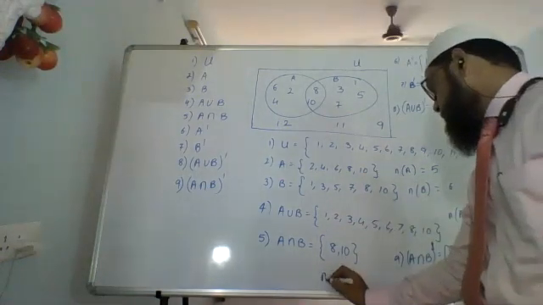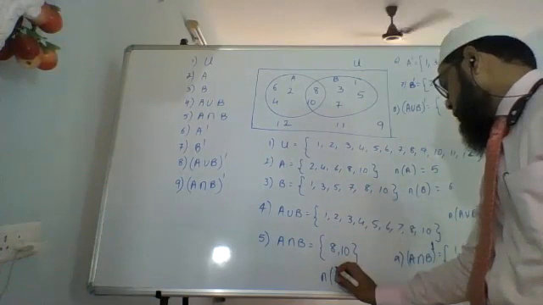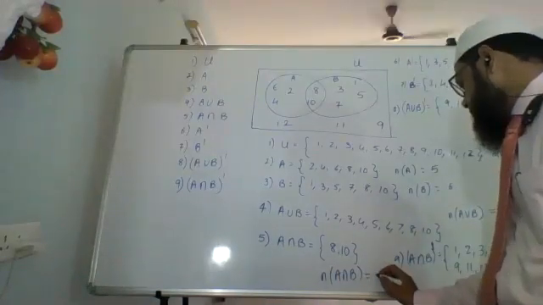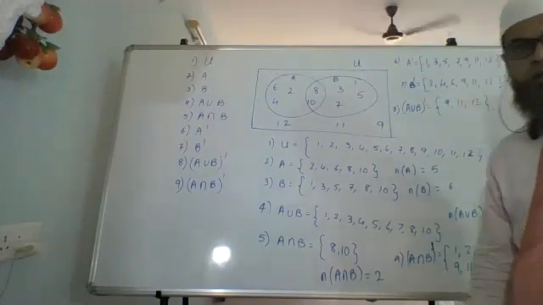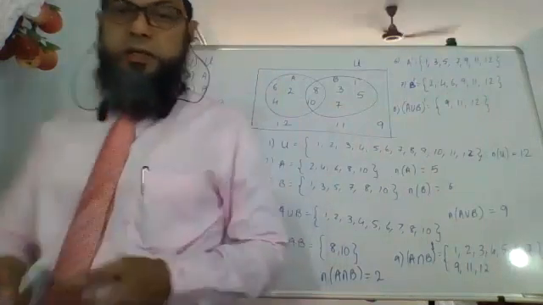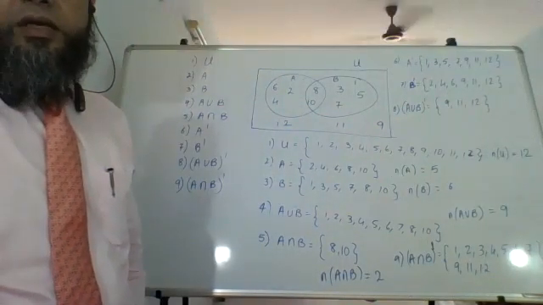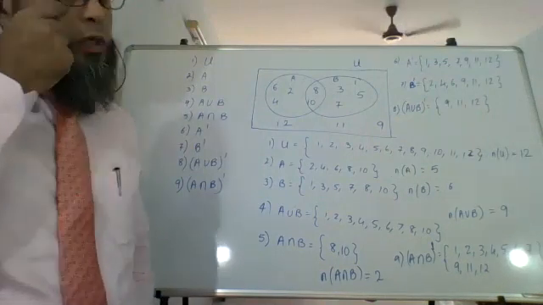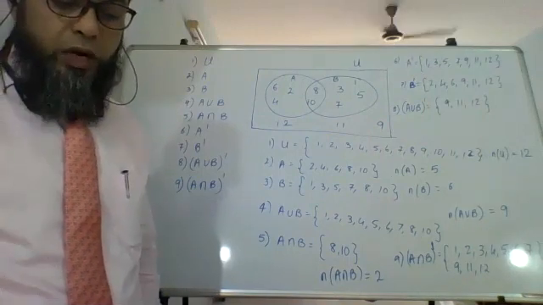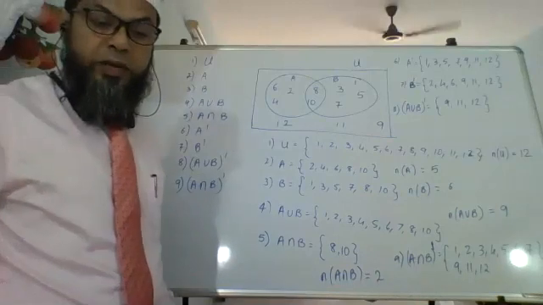N of a intersection b, 1 2, like that. Is that clear? That is what is number of elements in the set. That is all that is there. Just have to count how many elements are there, and that tells you number of elements.